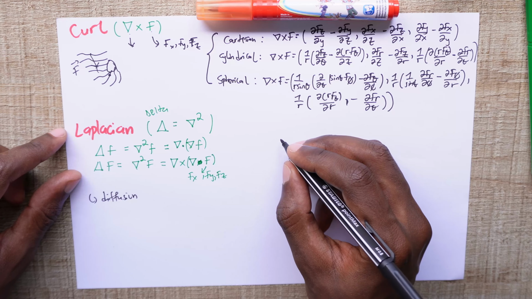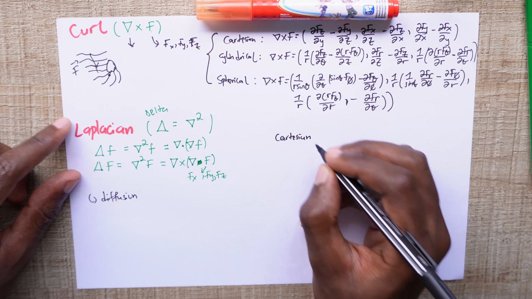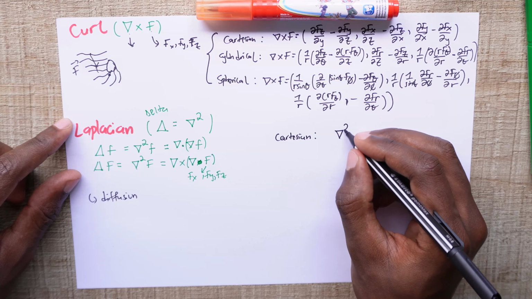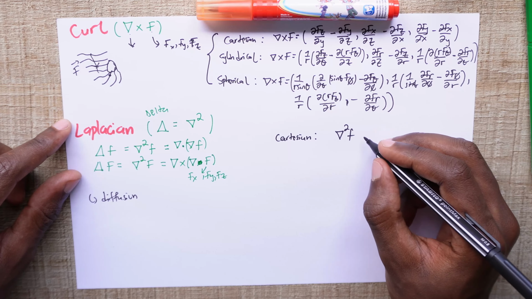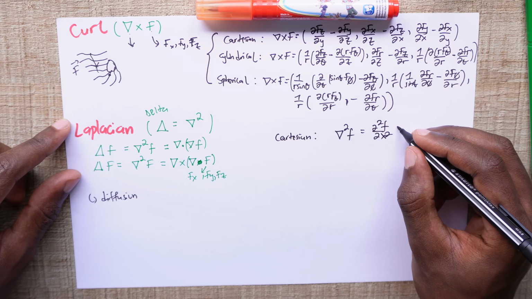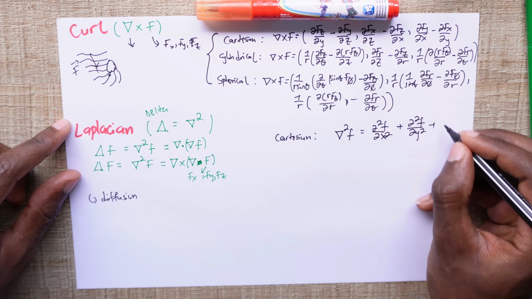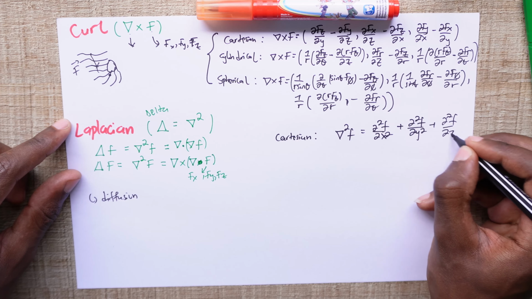So for a scalar field, the Laplacian in Cartesian coordinates, so del squared f, is just the second derivatives of the function with respect to each component: del squared f by del x squared, plus del squared f by del y squared, plus del squared f by del z squared.